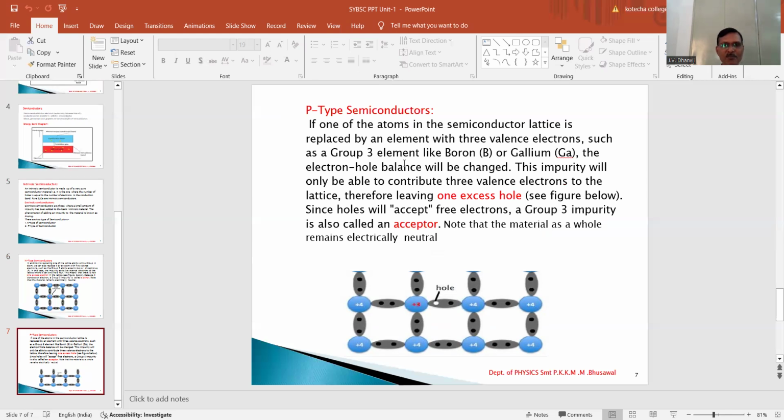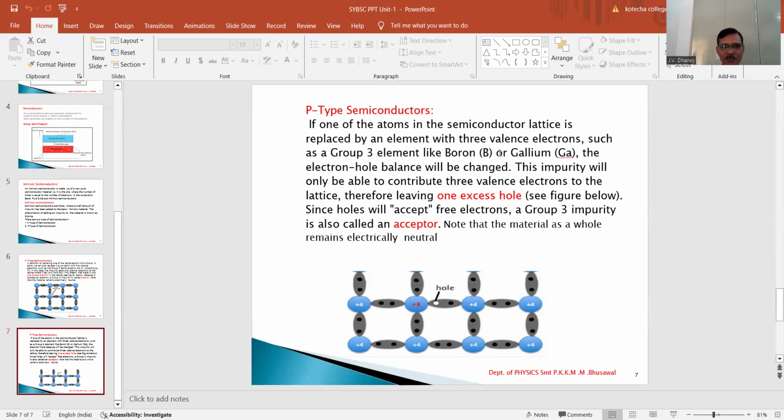Then let us see how to get the P-type semiconductor. In a P-type semiconductor, we have to add a trivalent impurity material to the pure semiconductor. Here again we consider the same crystal, germanium or silicon, having 4 valence electrons in the outermost orbit. But here we add a trivalent impurity such as boron or gallium, having 3 valence electrons in the outermost orbit.